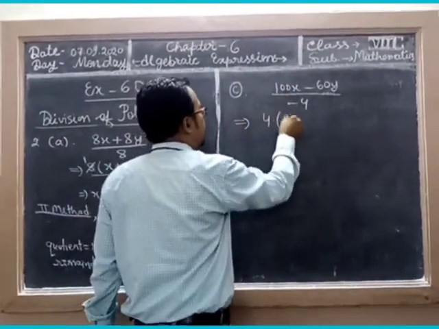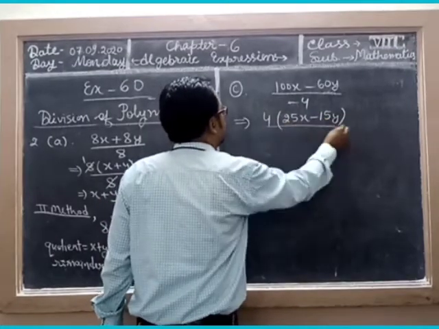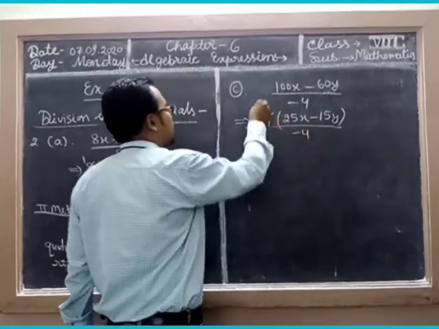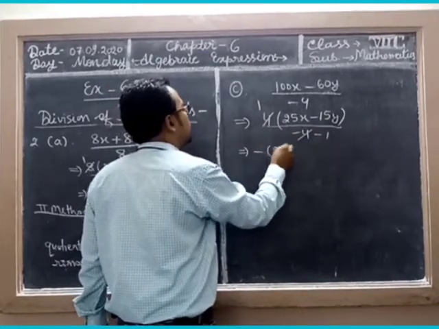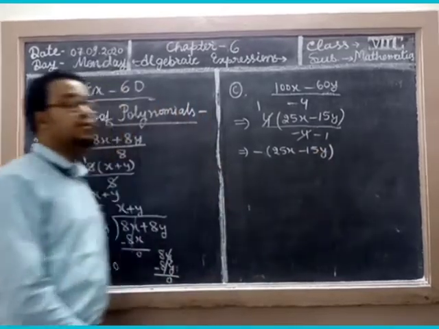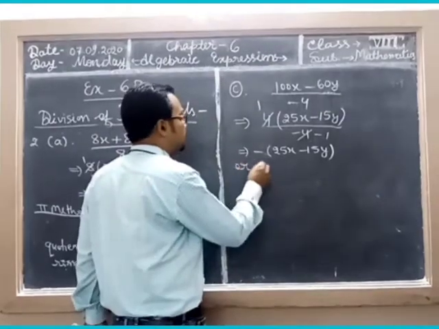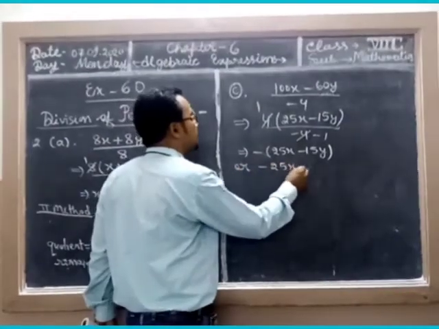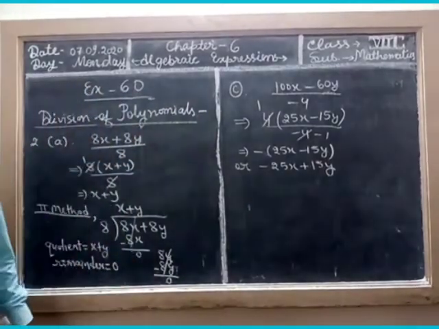So we have 25x minus 15y upon minus 4. Now 4 one time, this 4 minus 1 time. So we have minus of 25x minus 15y. So this is the answer. We can also write it as minus 25x plus 15y. We also write in this manner.